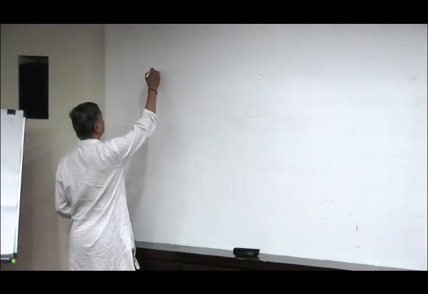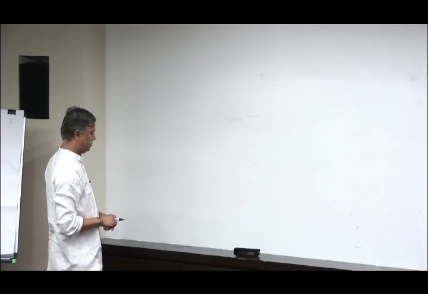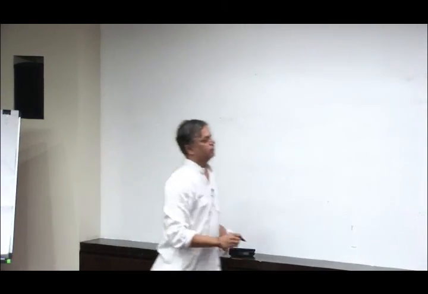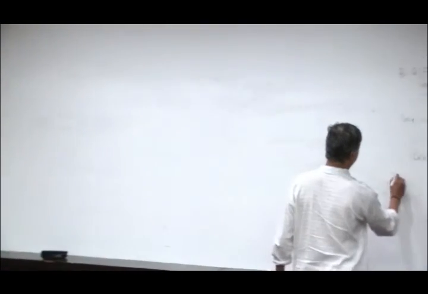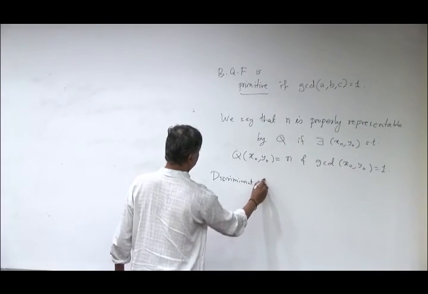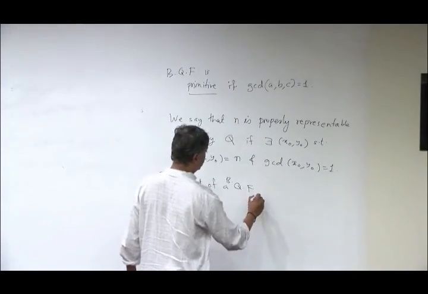Okay, so what I'm going to say now. Let's see. So here we have one more definition: the discriminant of Q, the discriminant of a binary quadratic form.